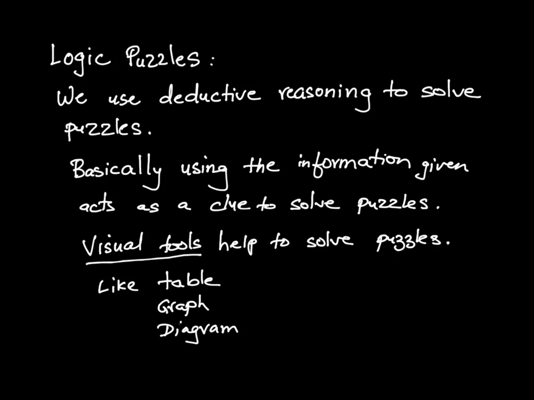So we are using a table, we could use a graph or a diagram or any kind of visual tool that can help you. All right, so I'm going to show an example, and in my example I'm going to use a chart or a table to solve a puzzle. My example is a word problem.